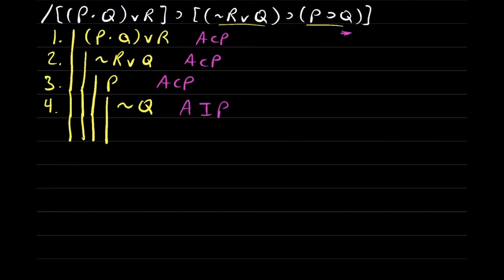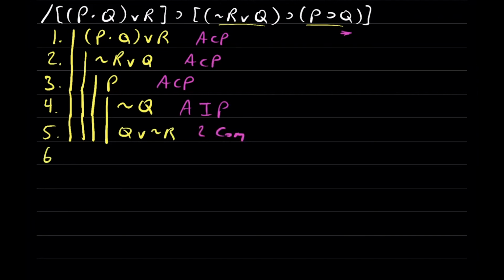What I see right off the bat is that I now have the negation of one of the terms that's one of the disjuncts in the disjunction on line 2. So if I do commutativity on line 2, I can then do disjunctive syllogism. So let's do that. We'll get Q or not R, line 2 by commutativity.